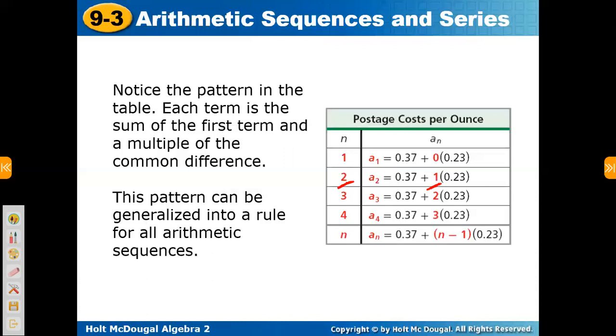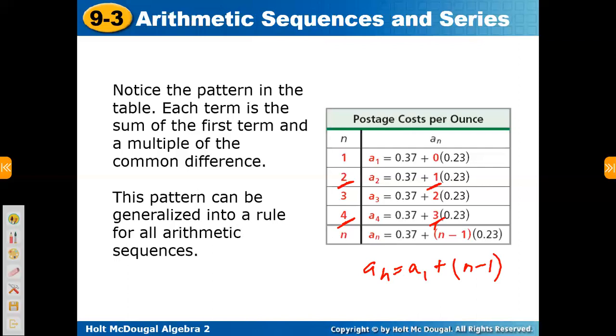Here, if you see the fourth term, I'm multiplying 3, which is N minus 1 again. So AN is equal to A1 plus N minus 1, and 0.23 was my common difference, which is D.